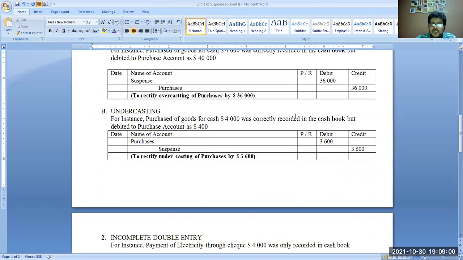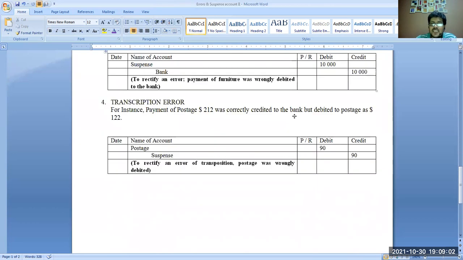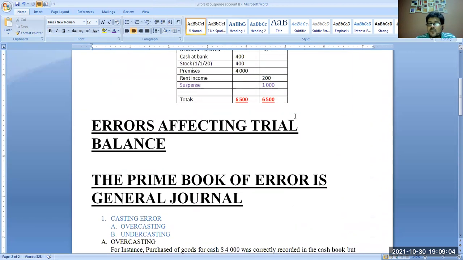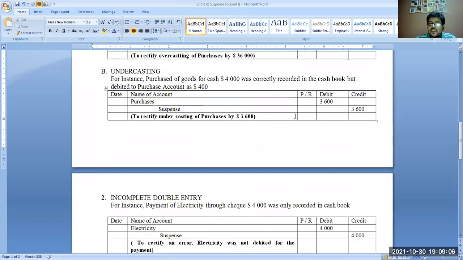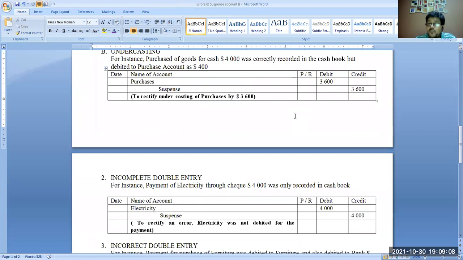And after making these entries to the suspense account, which was started by 1000, the suspense account balance should be 0. Are you getting my point? A 0 suspense account balance means all errors affecting trial balance have been removed.